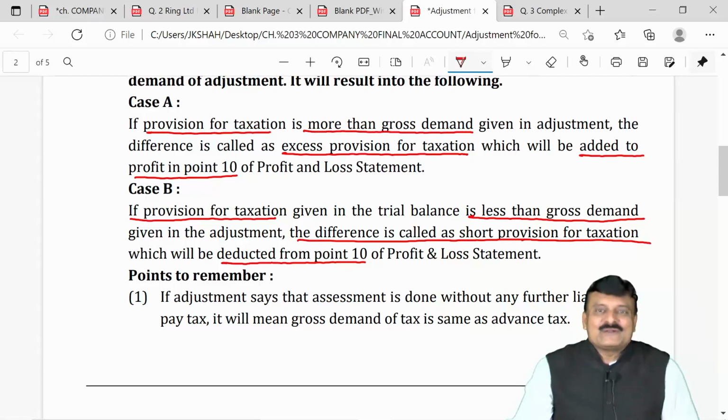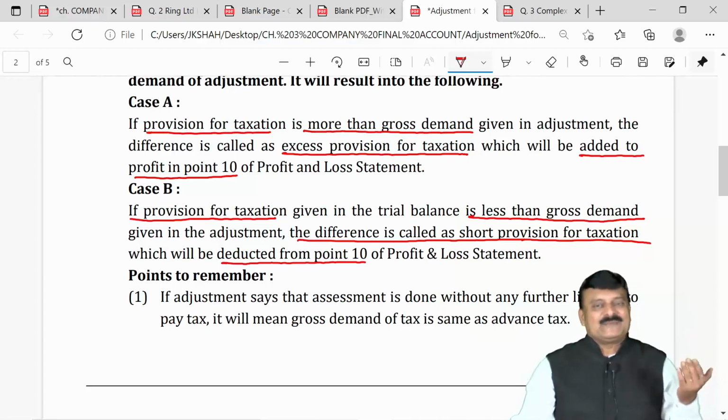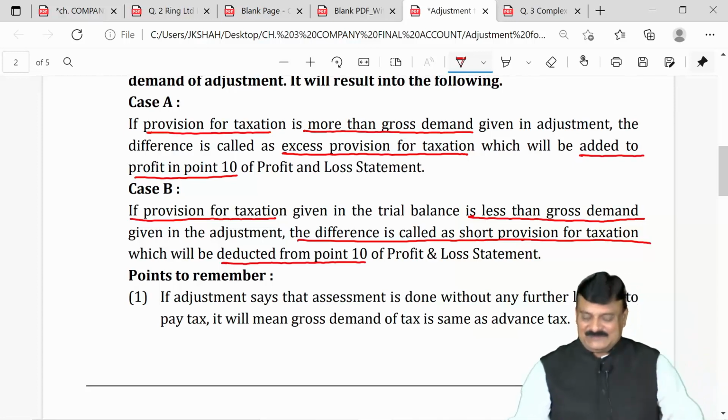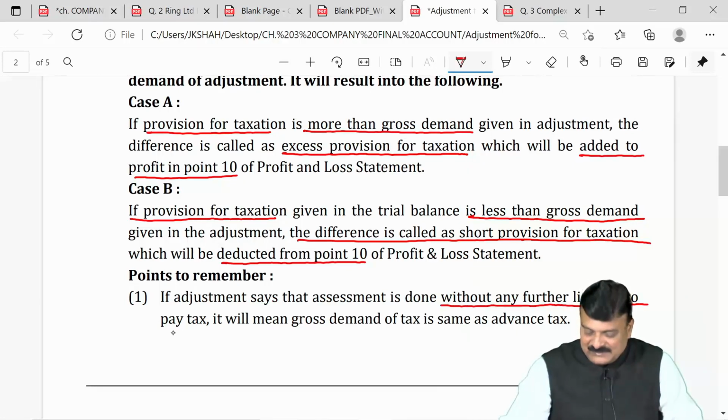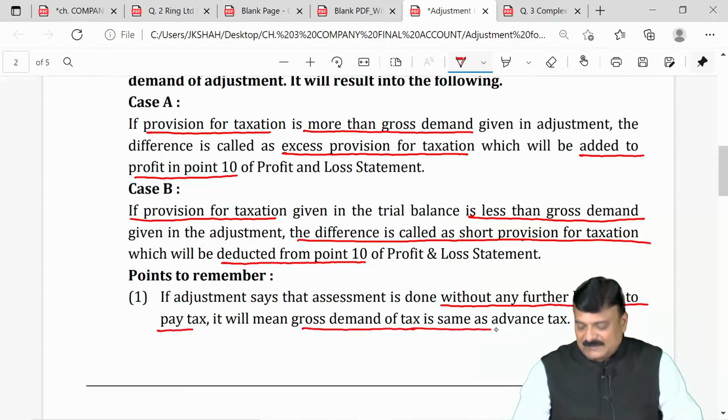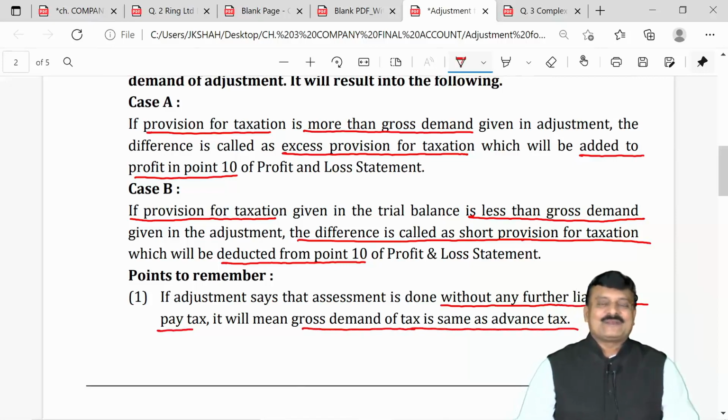Now what do you mean by no further liability to pay tax? It means whatever advance tax we already paid is enough for us. So in that case, without any further liability to pay tax, it will mean that gross demand of tax is same as advance tax.